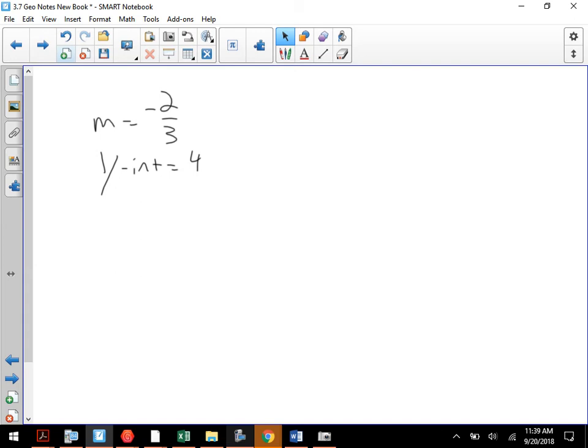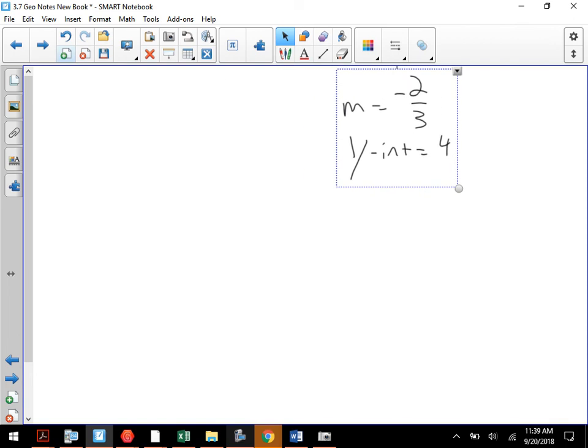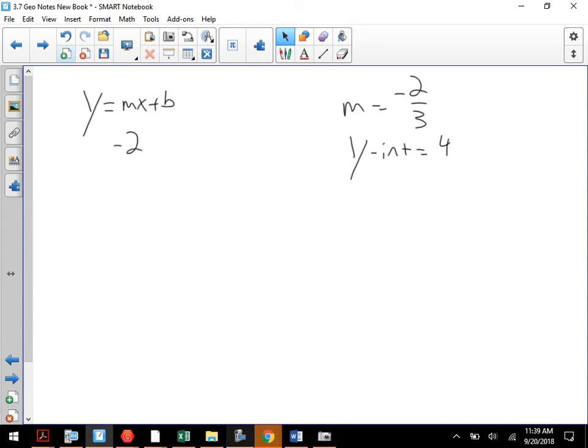When you're given this info, you're just filling in the blanks. Your slope is that -2/3, and then you tack on the +4. And that's all you had to do.